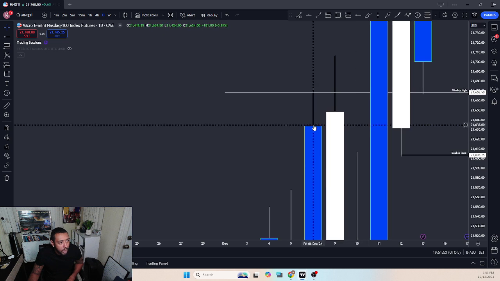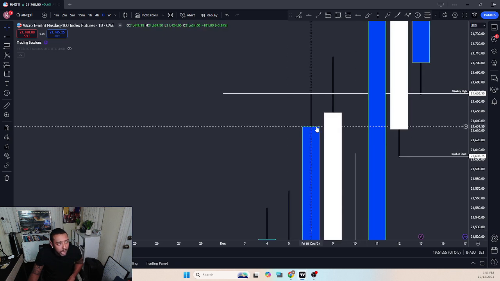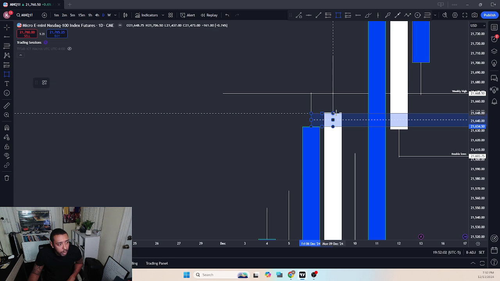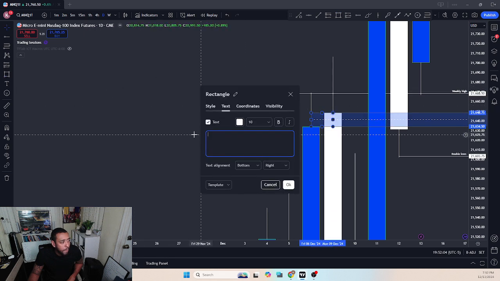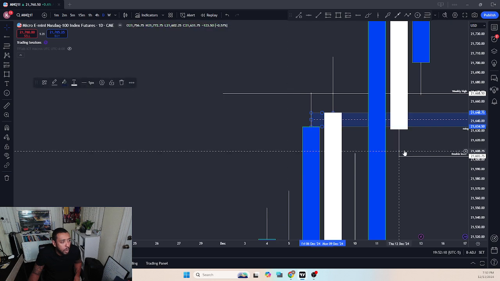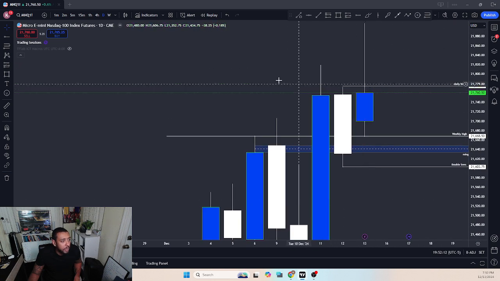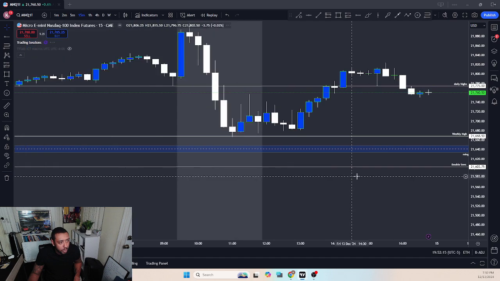This bullish daily candle closed here, and this one opened up here, leaving a gap: a new day opening gap. Bam. That's enough.